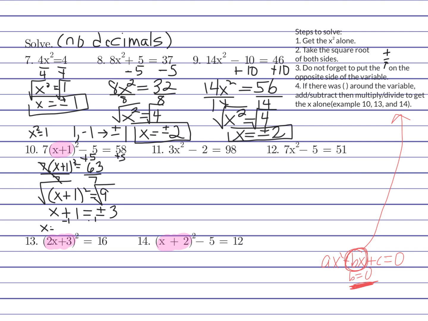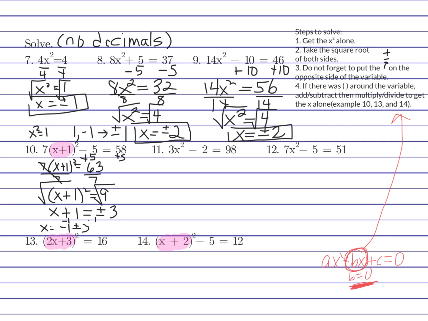X equals negative 1 plus or minus 3. Now, if the 3 contained a radical or a complex number, then you could stop. But since both of these are real numbers, I have to actually find both answers.